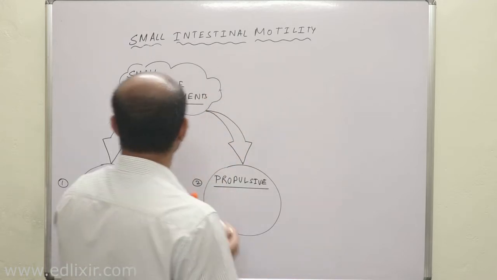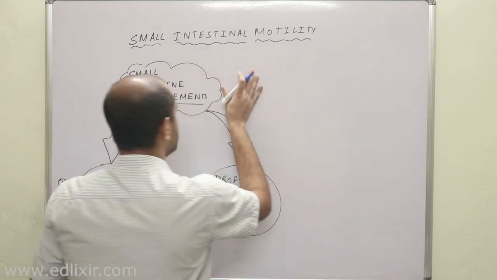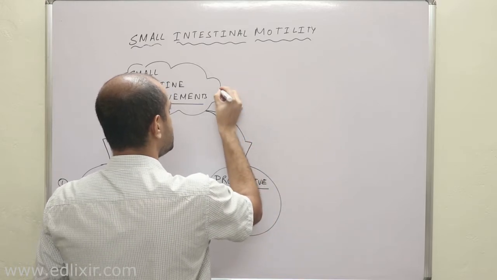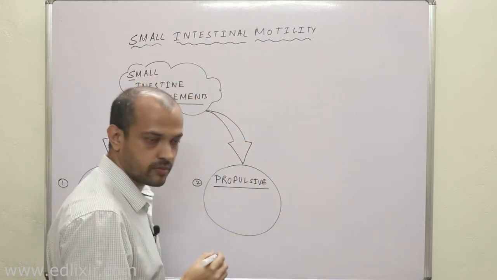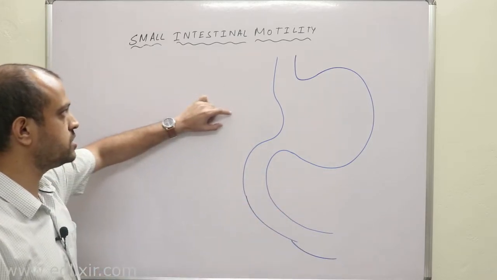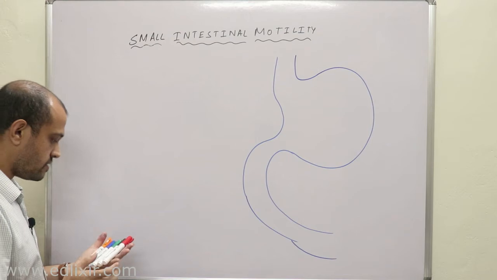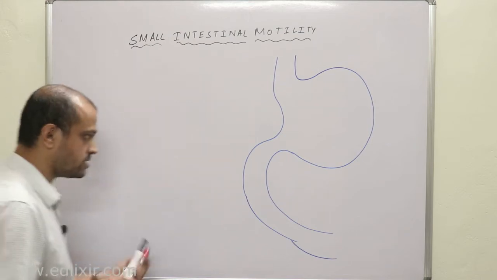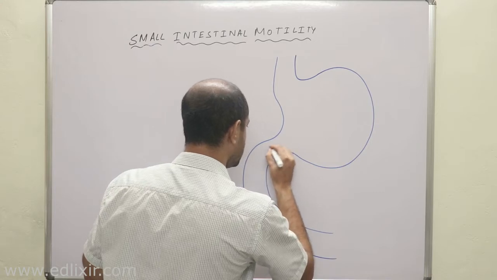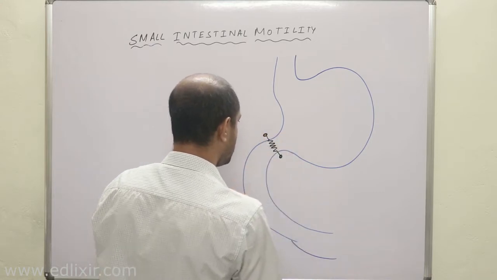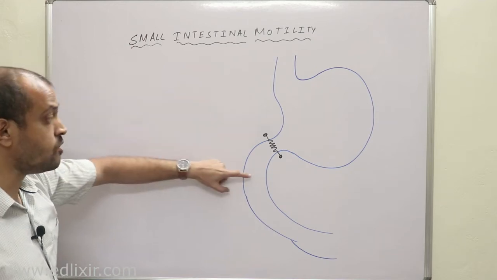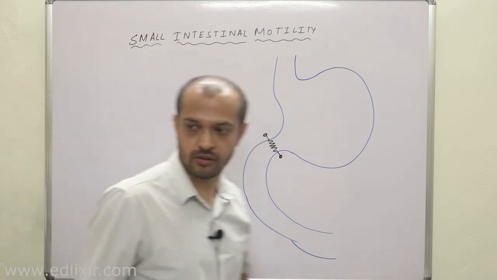Now listen, small intestinal movements are also divided on the basis of whether food is present or not. A very important point here is that whenever we talk about small intestinal movement, the first point we need to remember is that we have to study the motility of the small intestine with respect to whether food is present in it or not.